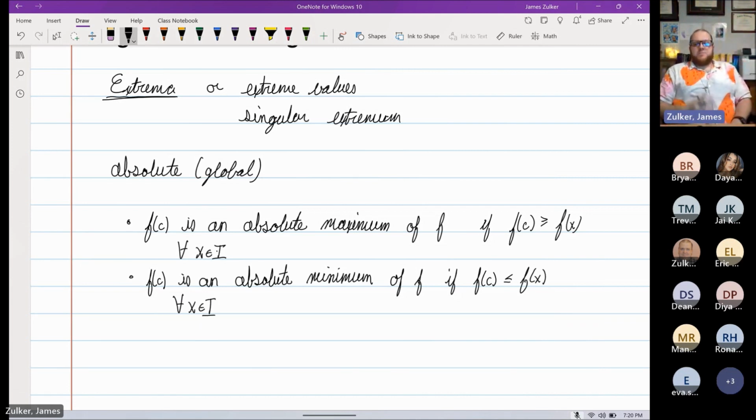And obviously absolute minimum is just f of c is less than or equal to f of x for all x in the interval.